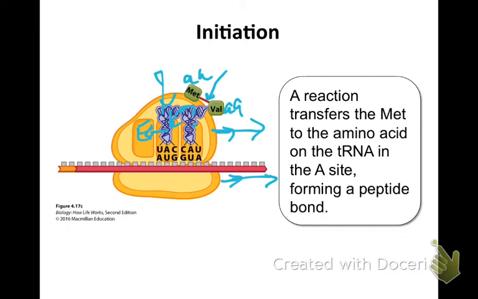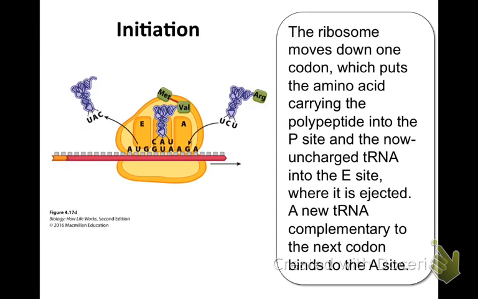I can bring in the appropriate charged amino acid with the appropriate anticodon for this next codon right here, and pair them up. That way, the next amino acid in the sequence will create a bond with valine, and so forth. When we do that, the UAC ends up in the exit site and exits, and now it's no longer charged.